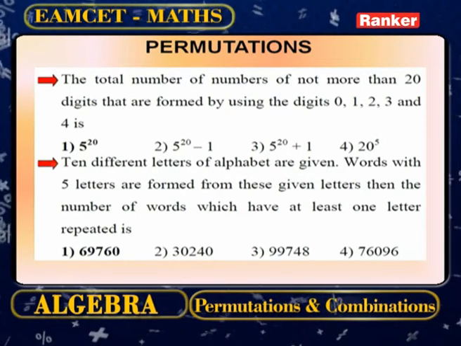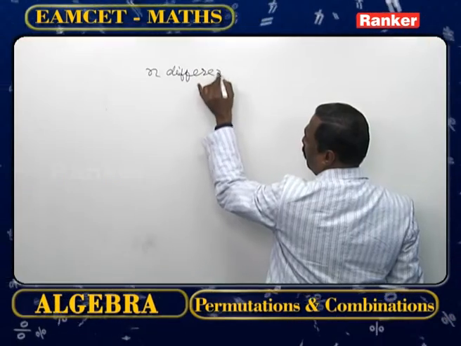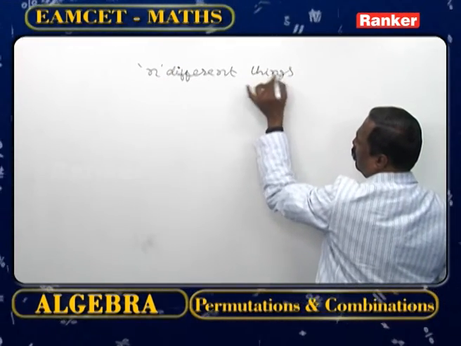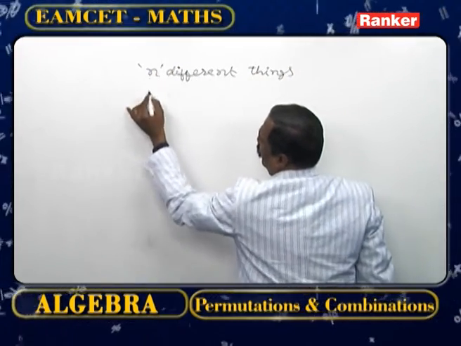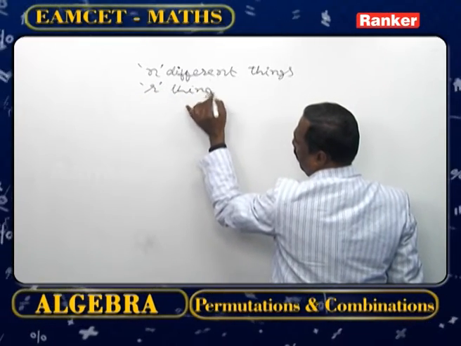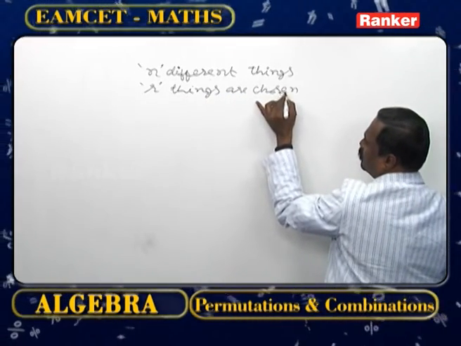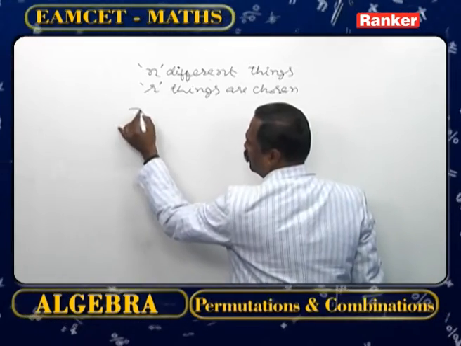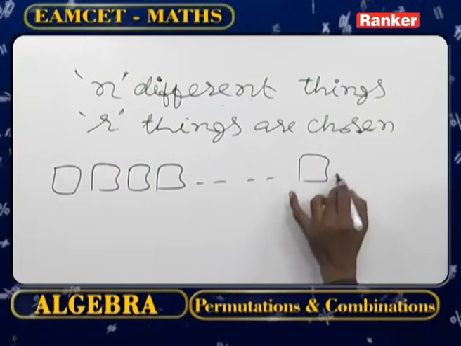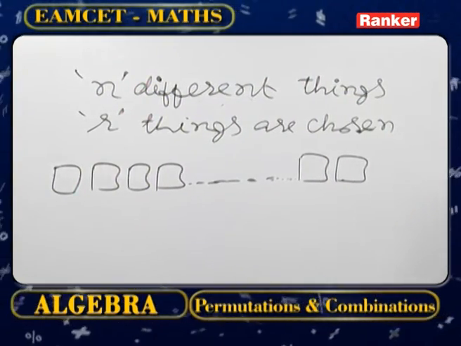What is it? If you have n different things, and r things are chosen, this choosing of r things may happen in 2 different ways: one without repetition, another one with repetition.